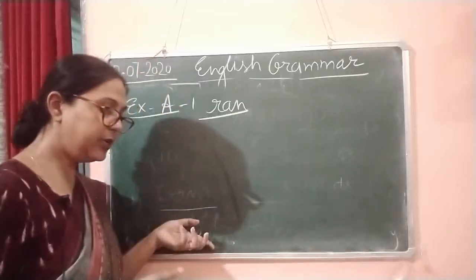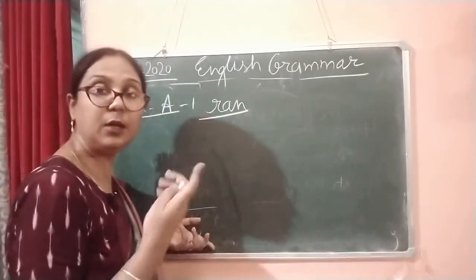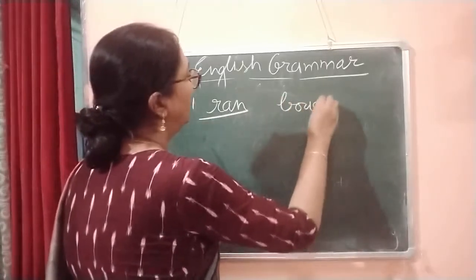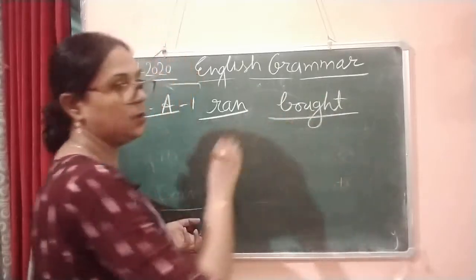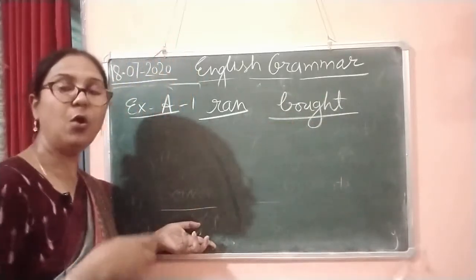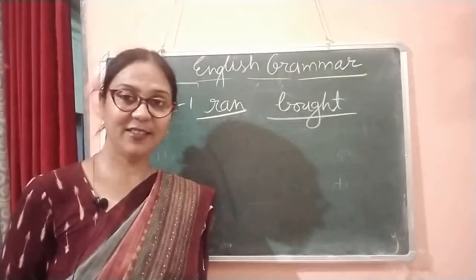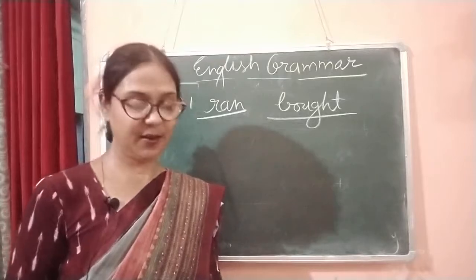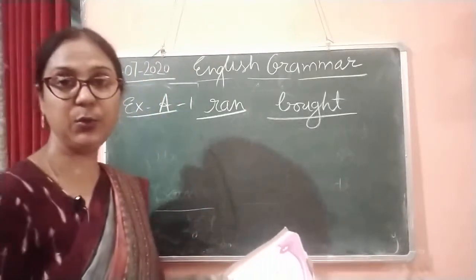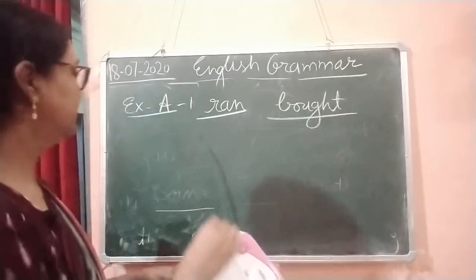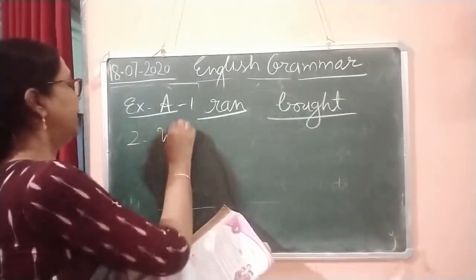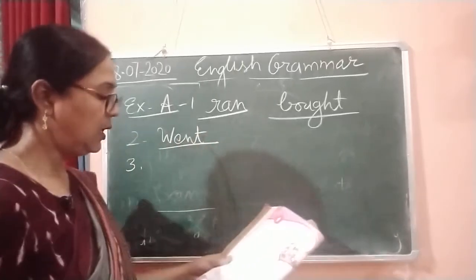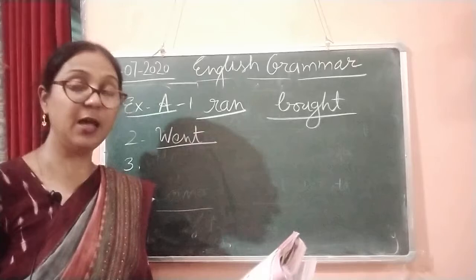And the counter and bought the tickets. What did she buy? Tickets. So here you can see bought. Bought is also an action. So children, the second sentence is: She went to the pediatrician yesterday. Here we are going to underline went. This is the verb. In third: He is driving his car in the wrong lane.